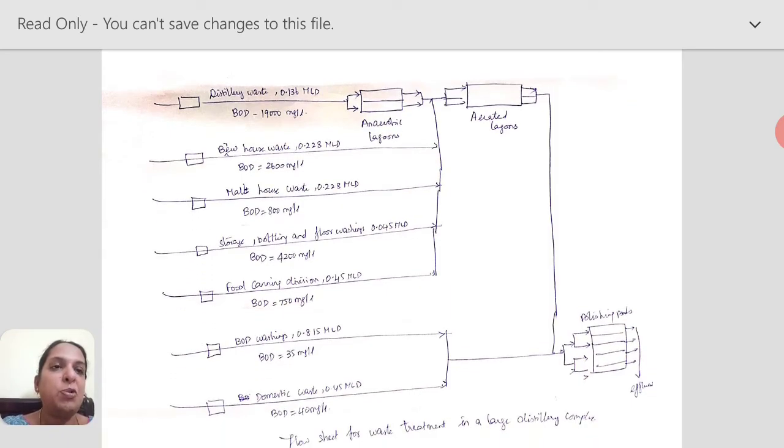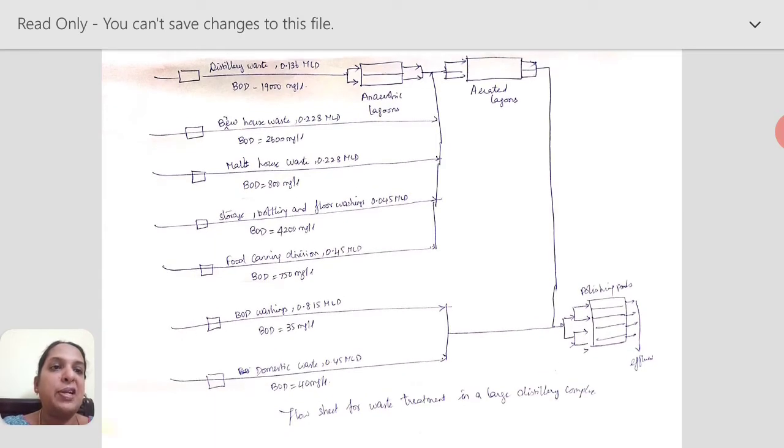That has proved to be the cheapest treatment technology for converting this BOD to less organic substances. Then it is taken to the polishing ponds. The brew house waste and malt house waste are subjected only to two-stage aerated lagoons, and then to polishing ponds. So this is the treatment given to your distillery waste.